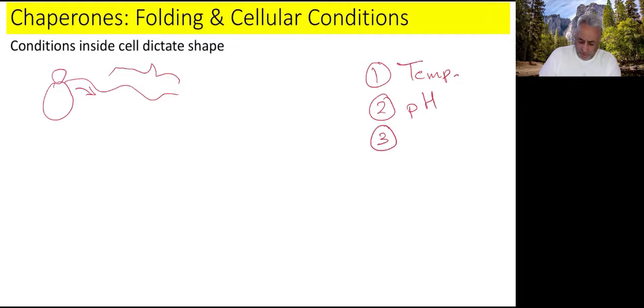Then the list goes on. The next thing is the concentration of salt. Salt concentration is very important inside cells. This ionic environment can also impact the folding of that polypeptide. And the list goes on, and we won't go into that. The presence of certain types of ions, metals, can impact the cellular environment.